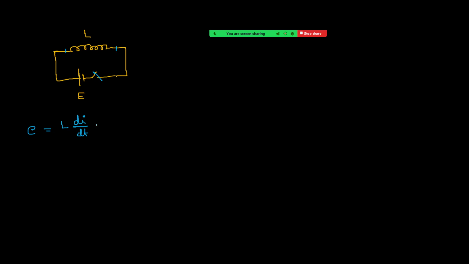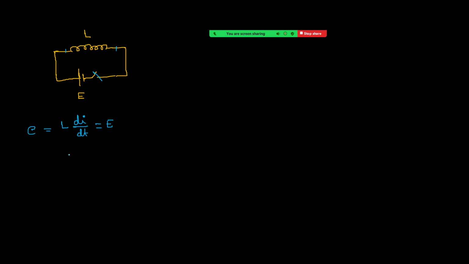That means this value should be equal to E. I am repeating. In the circuit, we have only the battery and the inductor. So the EMF across the inductor should be equal to the battery EMF. But we know that the EMF across the inductor is given by L di by dt. That's why this value should be equal to the battery EMF.